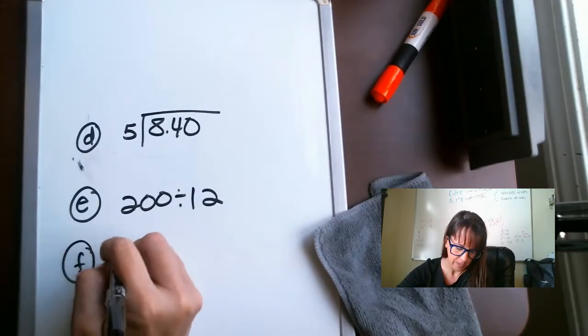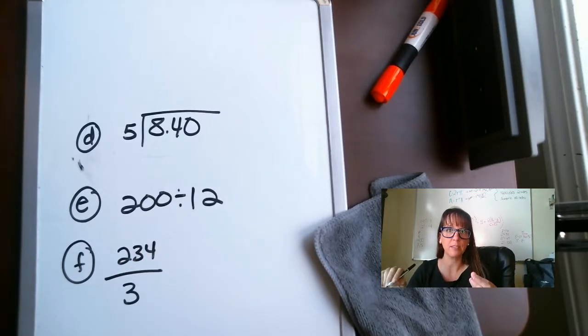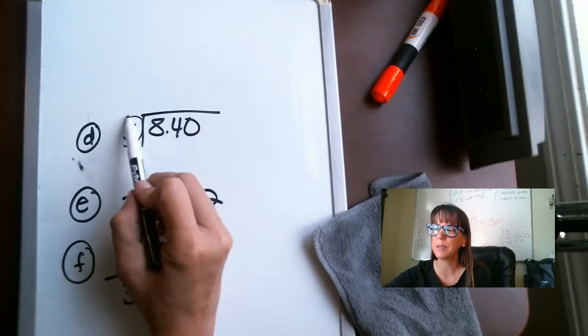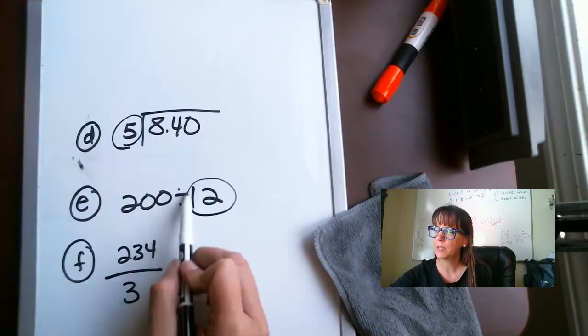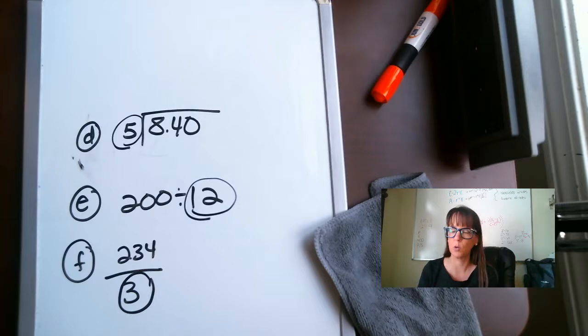And for F, we had 234 divided by 3. Okay, so the question asks us, which are the divisors? The divisors, again, are the small one that we're dividing into the big one. So this is going to be the divisor here, this will be the divisor here, and this will be the divisor here, okay? The end result for what we get, that's what's called the quotient.